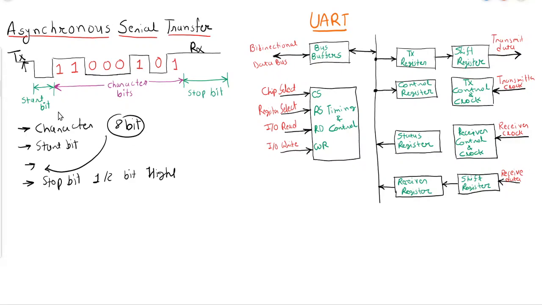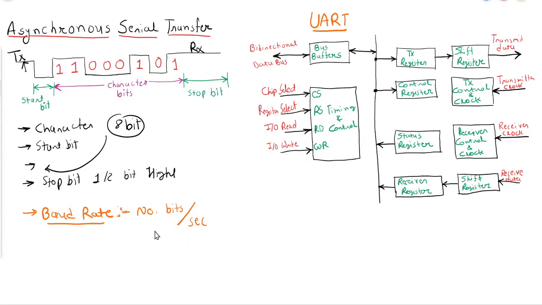Now, when asynchronous serial transfer is discussed, there is a terminology called baud rate. So what is this baud rate? Baud rate means the number of bits transmitted per second.